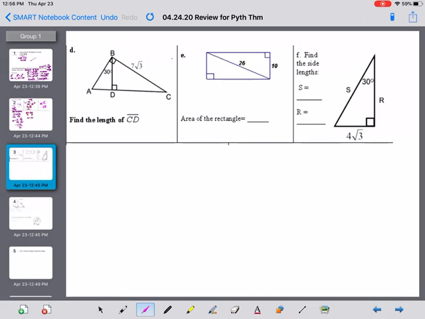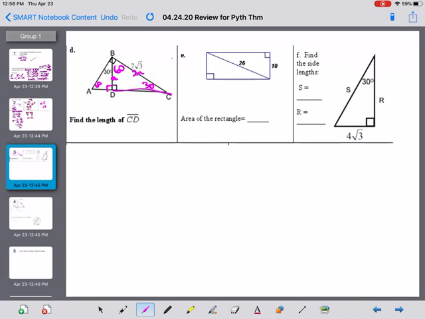Letter D. So we're finding the length of CD, but we have a couple 30, 60, 90 right triangles in here. This would be 60, 90, 60. Those are complementary, and then 30. And then the big triangle itself is a 30, 60, 90 as well. So now we just need CD.